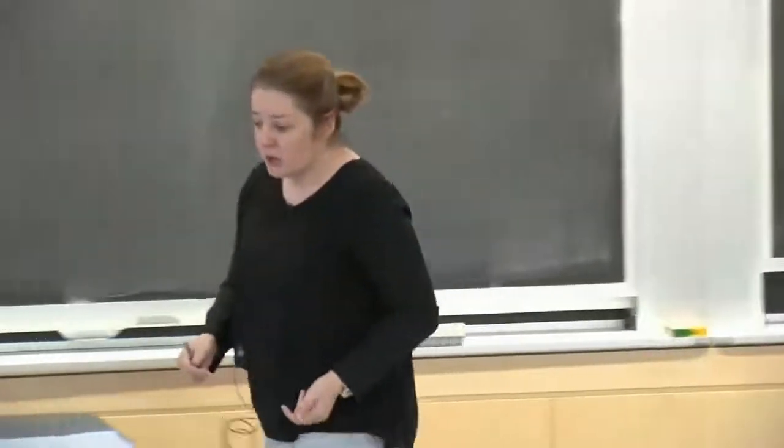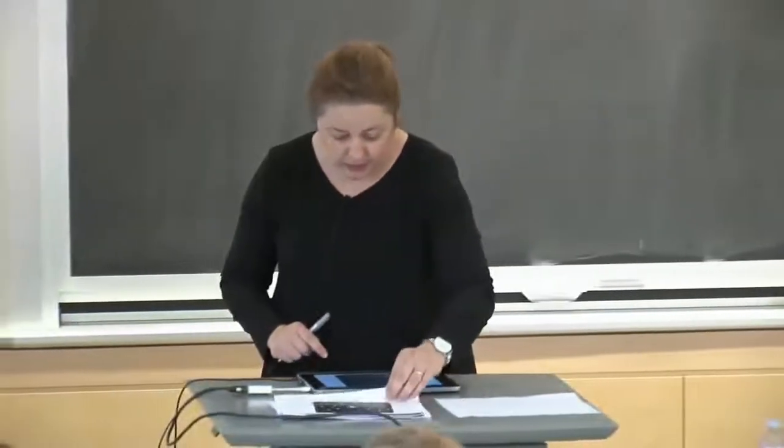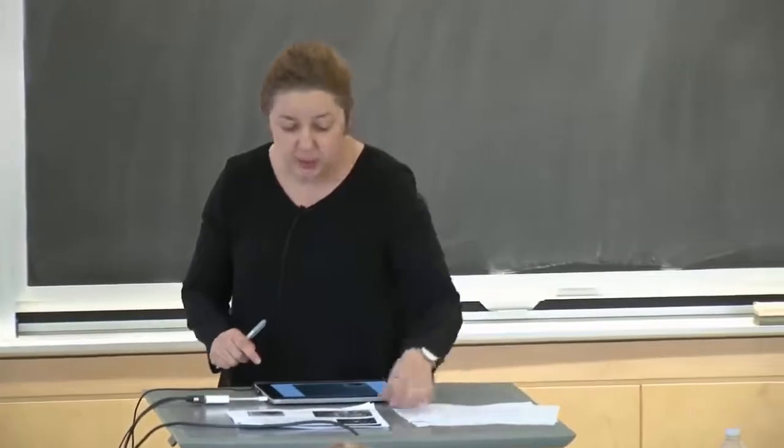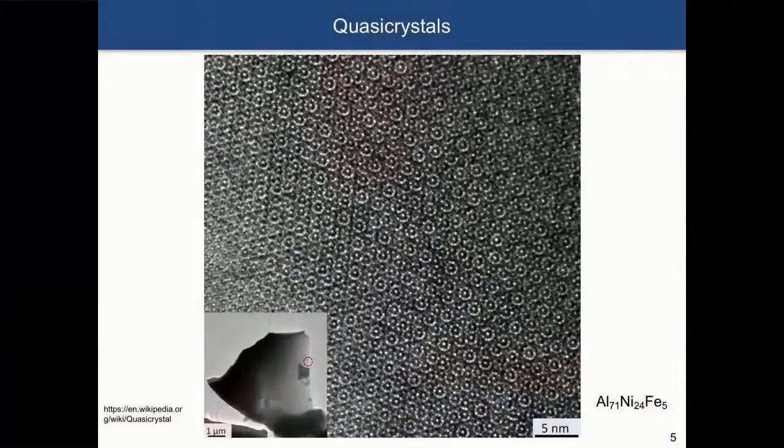Okay? So this is yet another example of a material. This is the same material that I showed you the diffraction pattern of, so this would now be an electron microscopy image. When you look at the material in real space, you are not taking a diffraction pattern, which is reciprocal space. This is what you would see, right?